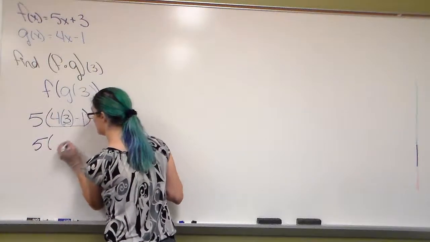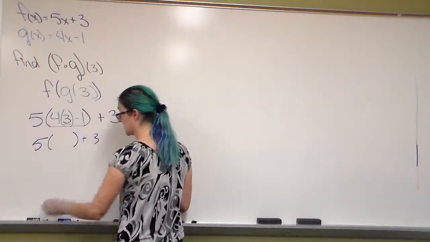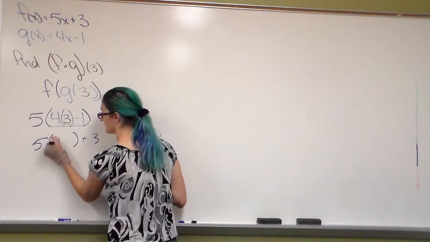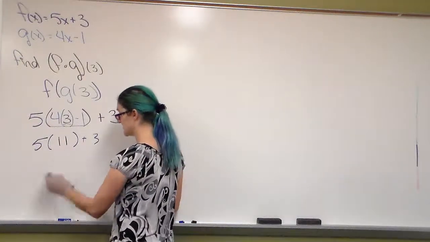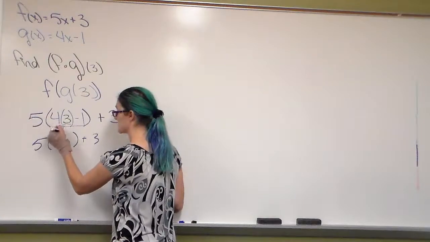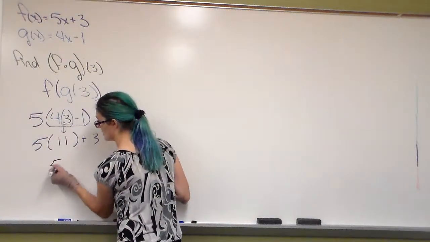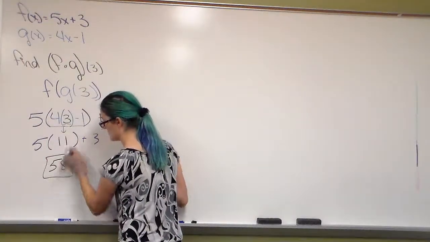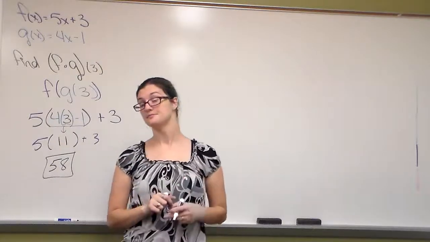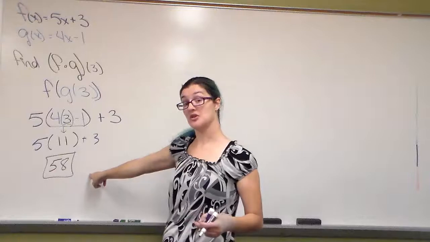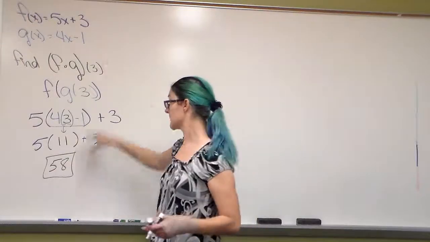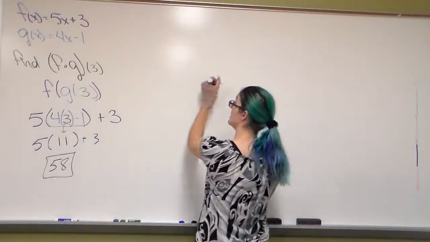So we get 5 times 11 plus 3. 5 times 11 is 55 plus 3, 58. There is no x in here. There should be no x in your answer. Okay, so this is one way.